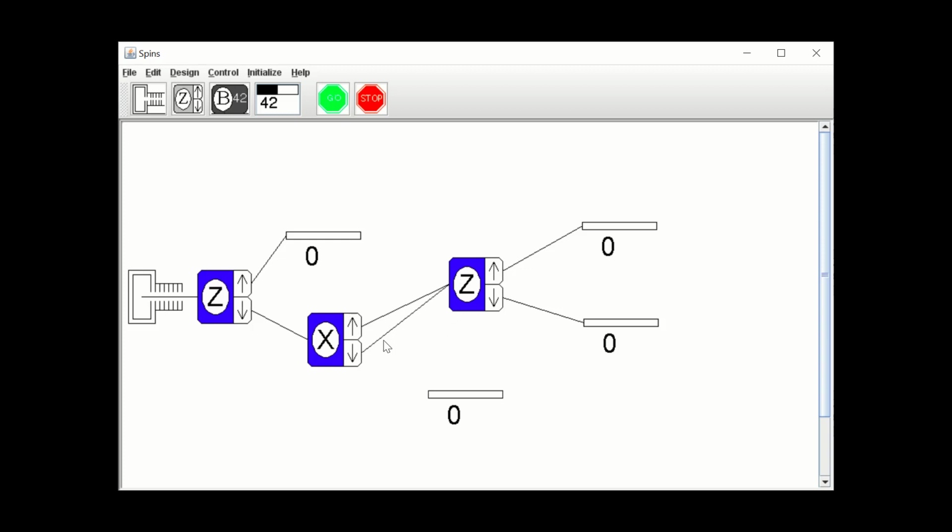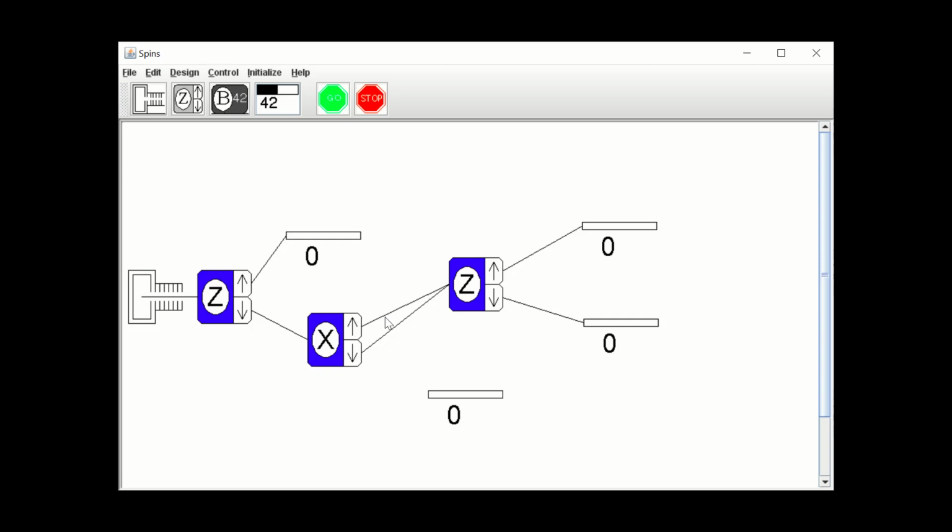So we have both outputs of this X Stern-Gerlach analyzer going into the final Z Stern-Gerlach analyzer again. In practice, actually doing this coherently, which is what's required, is quite difficult, but it can be done. But that's the beauty of this SPINS virtual lab, we can just do it by connecting some lines. What do we get when we run this?